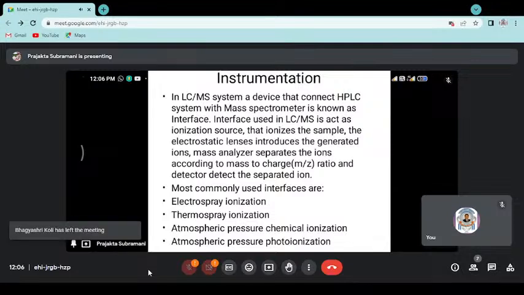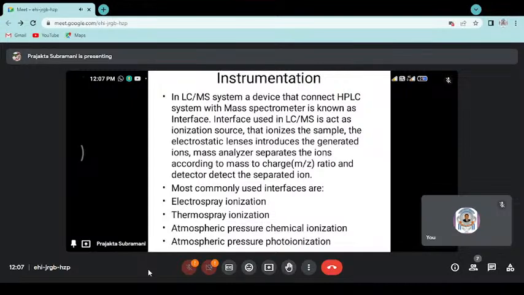The different interfaces used in LCMS are the electrospray ionization technique, the thermospray ionization technique, then atmospheric pressure chemical ionization, and atmospheric pressure photoionization. So these different ionization techniques are used. We will see these techniques very shortly.